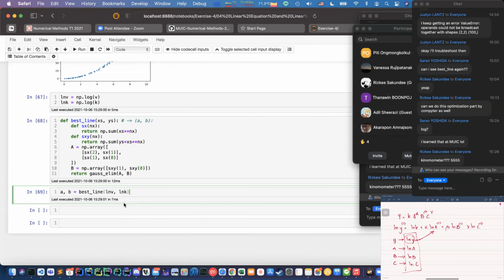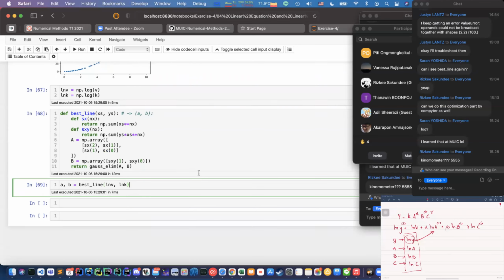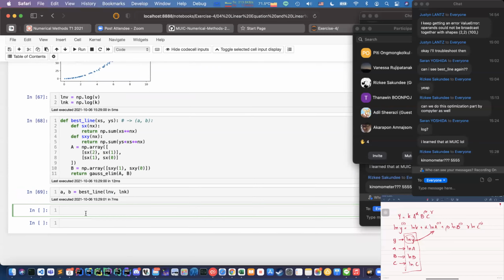But that a and b are going to be some funny function. So a is going to be the alpha. We have K is C V to the alpha. We take the log: log K is log of C plus alpha log of V. So that's your a, the thing in front of your variable, and that's your b.